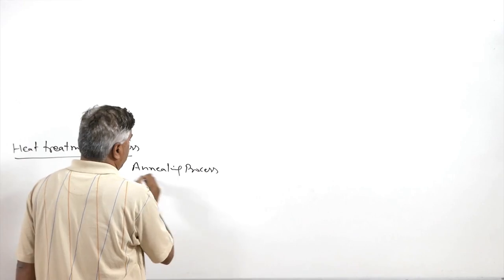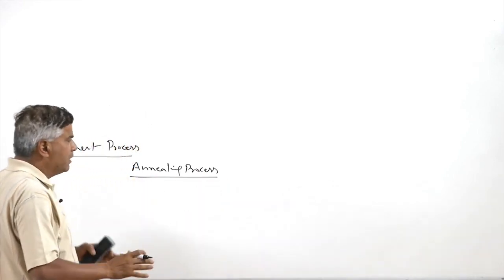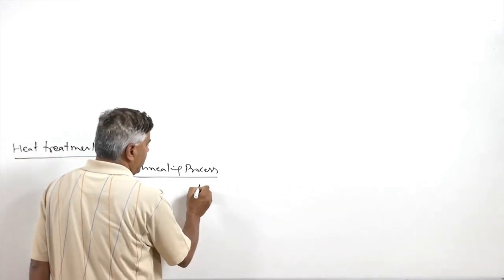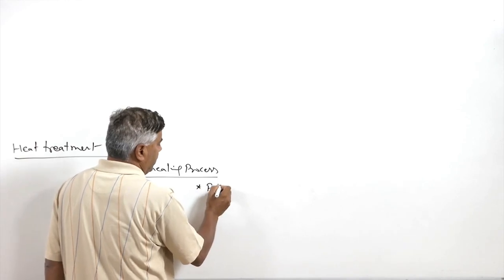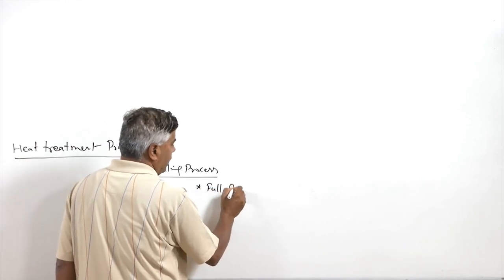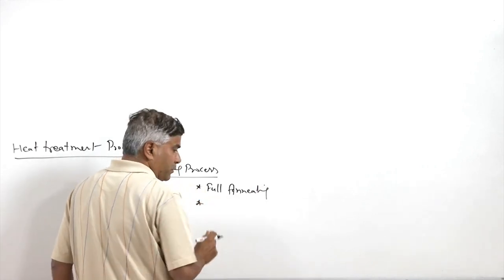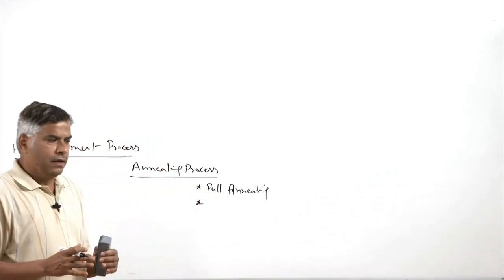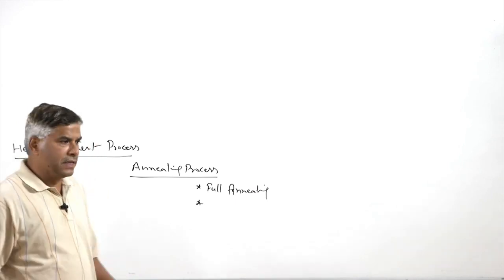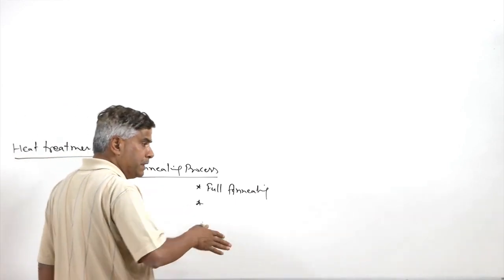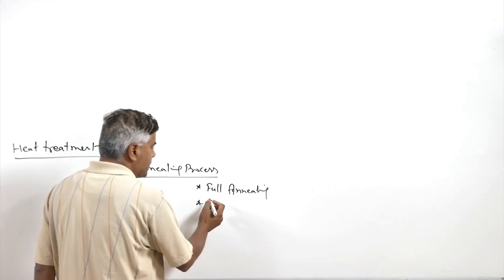Annealing is used in different ways, and there are various terms used for different purposes. One is called full annealing, which is primarily used for inducing softness, reducing hardness, and improving the machinability, especially of high carbon steels.